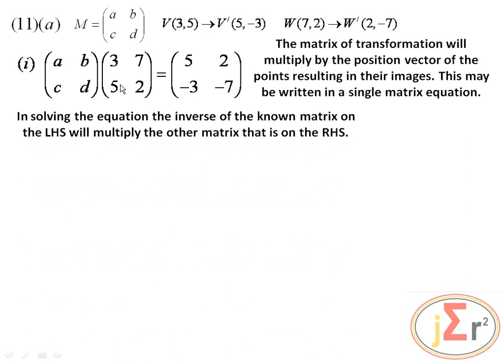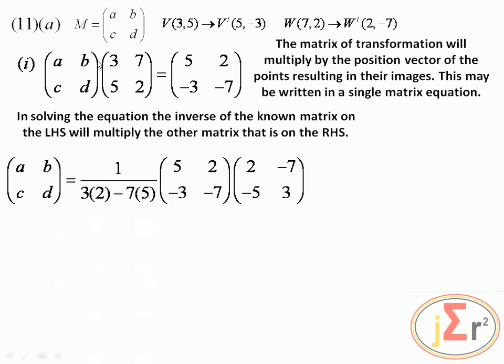This is a matrix equation that we may solve by eliminating this matrix from the left-hand side. In solving the equation, the inverse of the known matrix on the left-hand side will multiply the other matrix that is on the right-hand side. So take this matrix and multiply by its inverse on the right-hand side, and this is what we get.